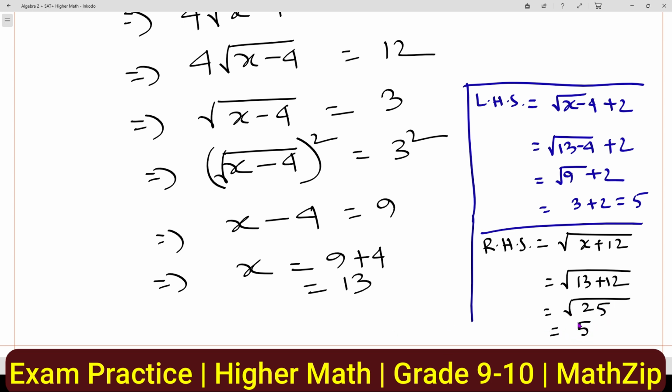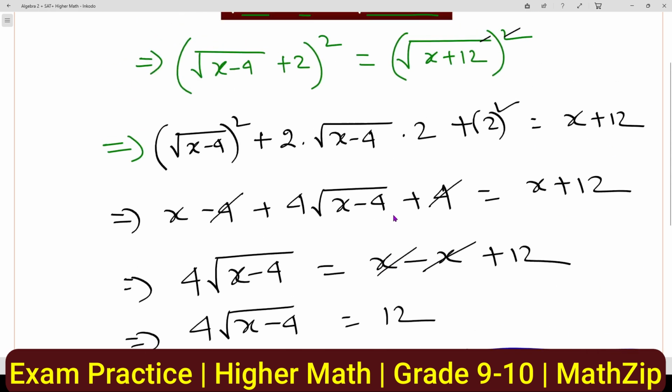This is our verification. So on both sides we get 5, so we can say x equals 13, right? And this is our answer.